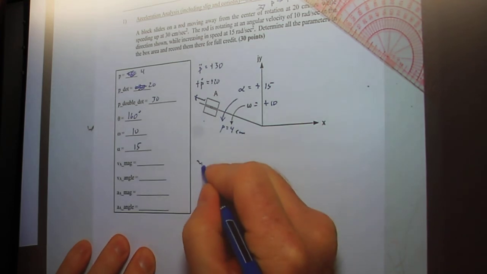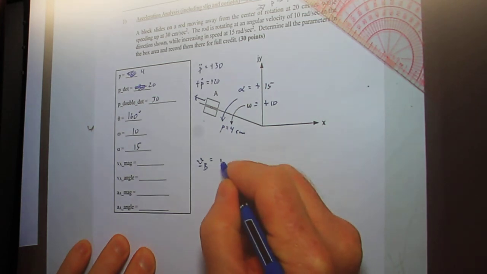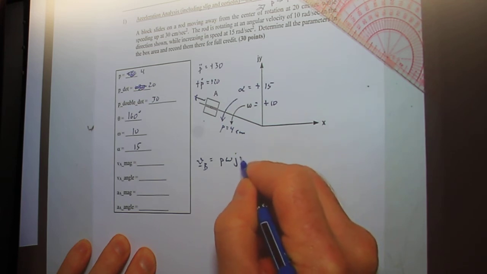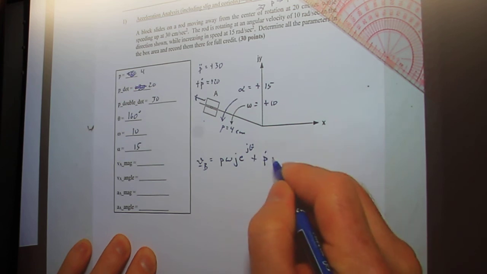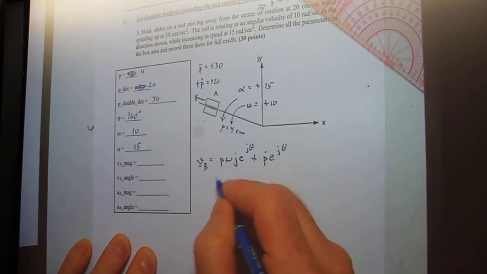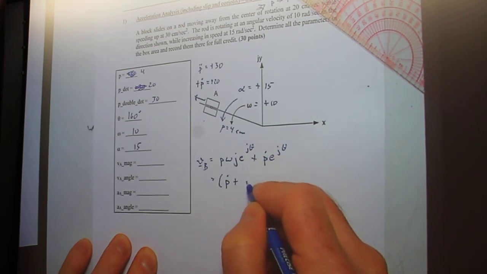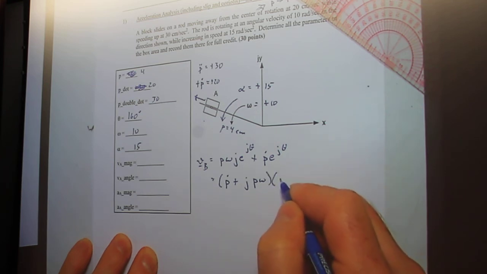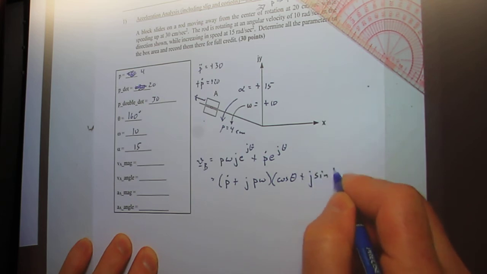For the velocity of the ball, that equals P omega j e to the j theta plus P dot e to the j theta. Or another way of writing this would be P dot plus j P omega times cosine theta plus j sine theta.